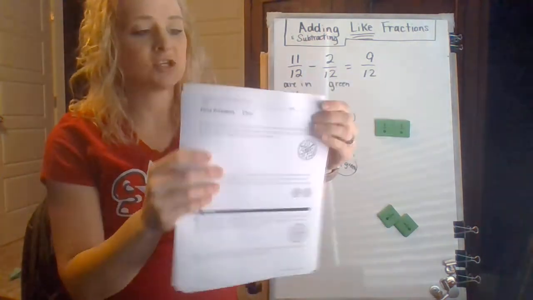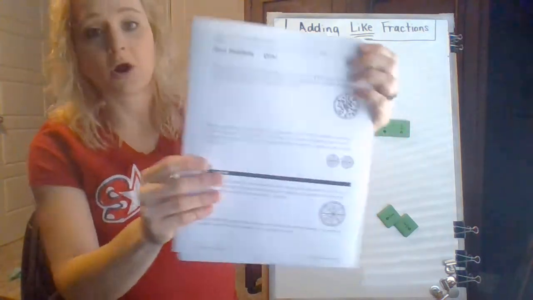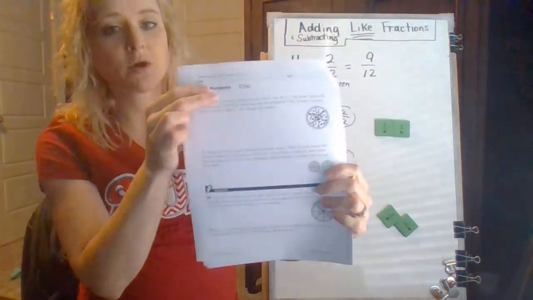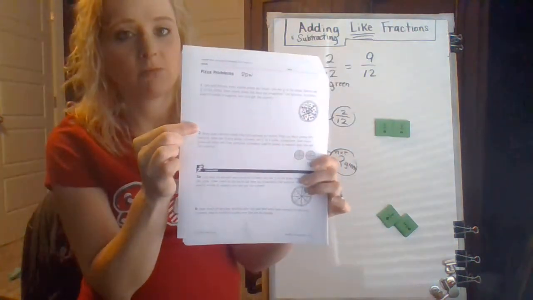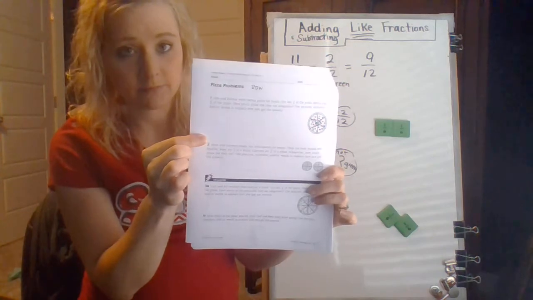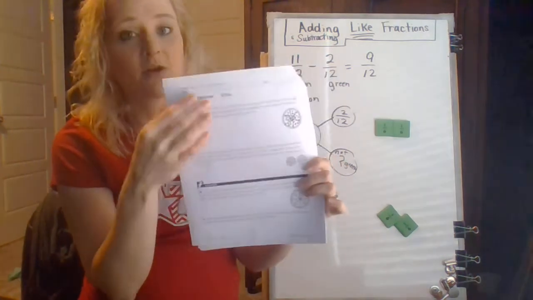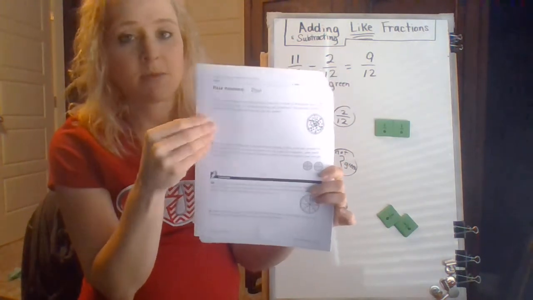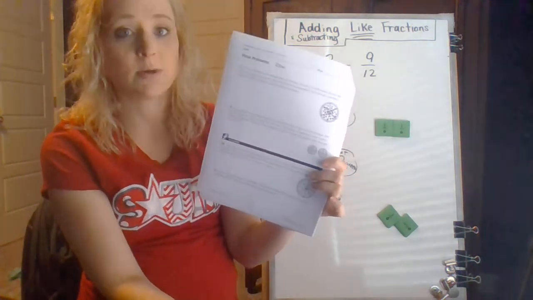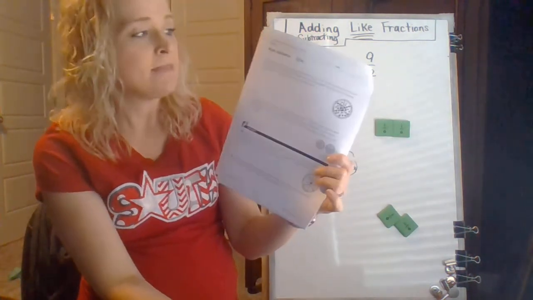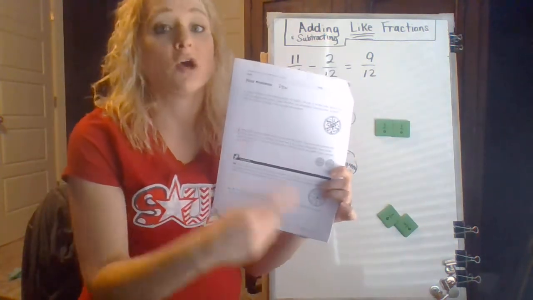The back of that sheet are 2 story problems you have to do. Remember, the challenges are always optional, okay? Make sure you do RDW. Read carefully. Underline, circle things that are important from the story. Make a plan. If you want to go ahead and write out an equation to help you solve it, that's always a great way to start your plan. And then you need to show your work by drawing a picture.